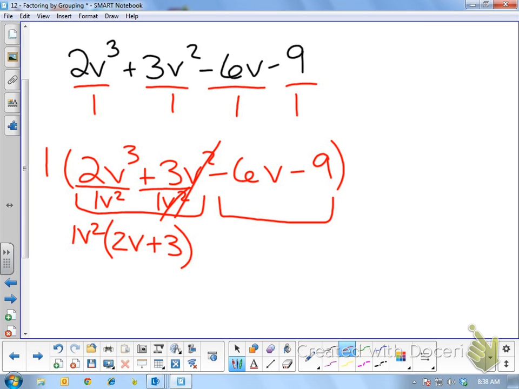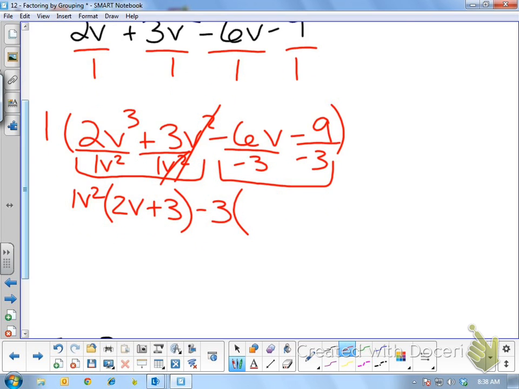It starts with a negative. We don't care if the second one is negative. We just care if the first one is negative. So negative 3, and we divide again. So 6 divided by 3 is positive 2, because a negative divided by a negative is positive. Negative 9 divided by negative 3 is positive 3.